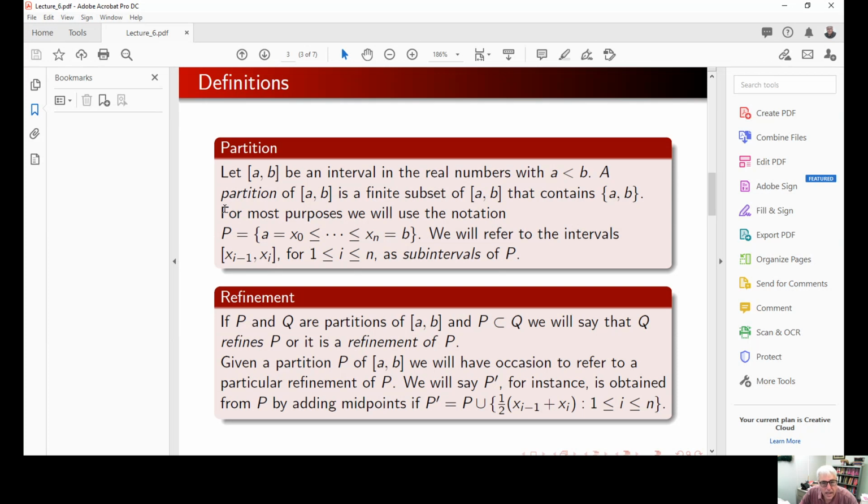So let the closed interval from a to b be an interval in the set of real numbers, and of course the lower endpoint is lower than the bigger endpoint. A partition of [a,b] is a finite subset of [a,b] that contains the endpoints.